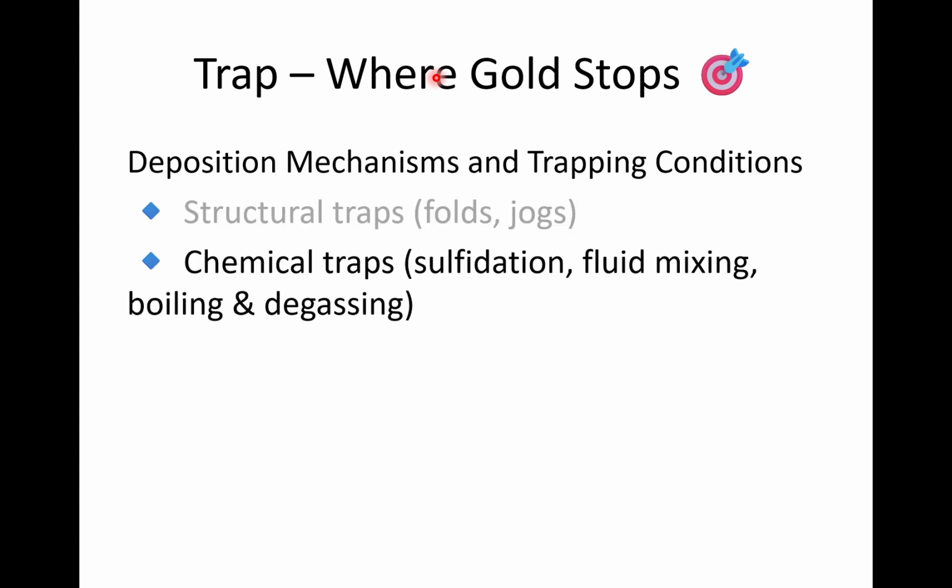For the chemical trap, we actually already talked about this, but gold will precipitate if the chemical conditions of the fluids change such that the gold complexes break down. One common mechanism is sulfidation of wall rocks.